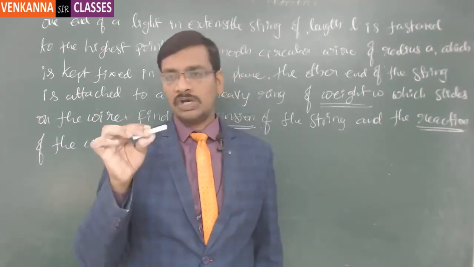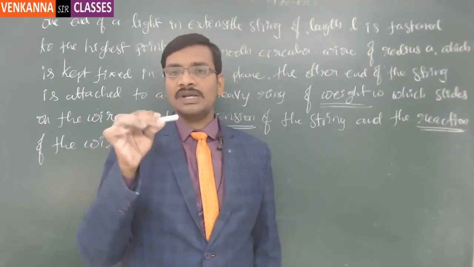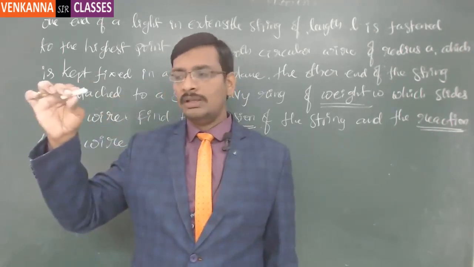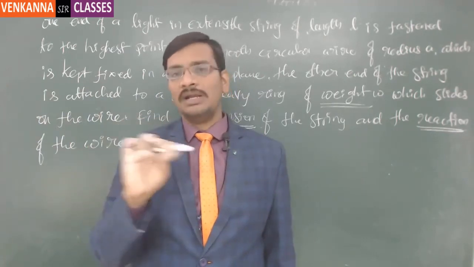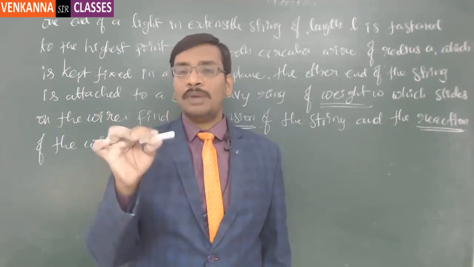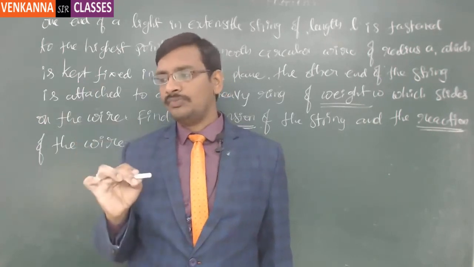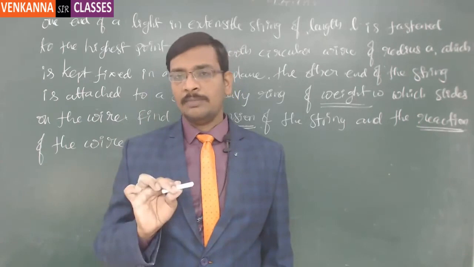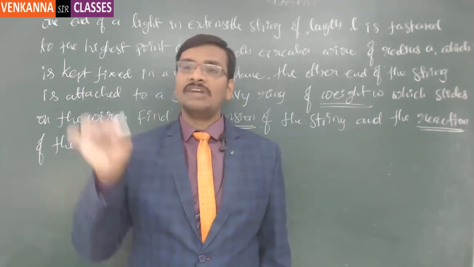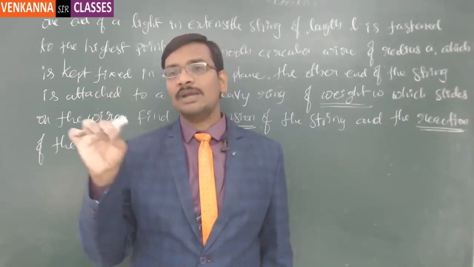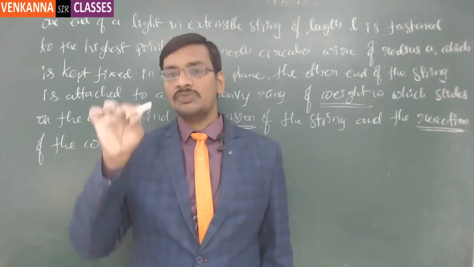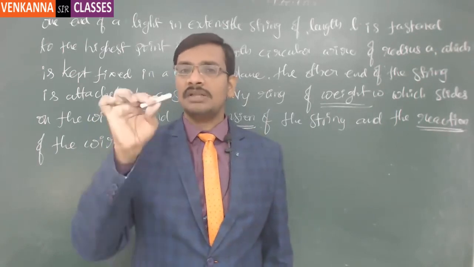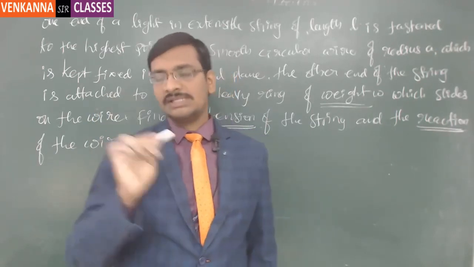If I keep this chalk piece here, it is under the influence of the gravity of Earth. If the same chalk piece is taken to the moon, the matter makes no difference, the mass is exactly the same, but the weight is different on the moon. If I take it to Mars, the gravity will be different again, the mass will be the same, but the weight will be different. That means weight is a variable quantity depending upon the location where we are working, but mass is a fixed quantity that depends just on the body. So this is the difference.